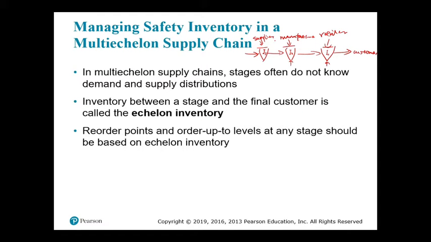The reason why we care about echelon inventory instead of just the inventory at single stages is because how much safety inventory is carried at a single stage is going to affect other stages, right? So say the manufacturer carries more safety inventory. To the retailer, that means my supply uncertainty is reduced.